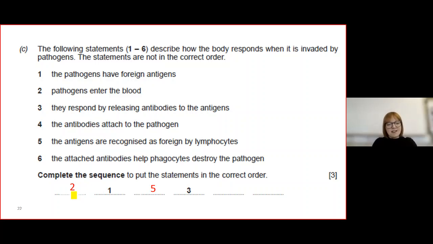The antigens then are recognised as foreign by lymphocytes. Then they respond by releasing antibodies to the antigens. And then what would be the last 2 steps? The antibodies attach to the pathogen, and then the attached antibodies help phagocytes destroy the pathogen. So the order was 2, 1, 5, 3, 4, and 6. Okay, so it's a 3-mark question, so you would have needed them in order for the 3 marks.